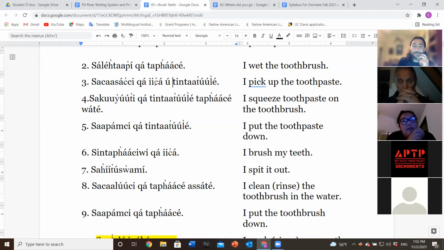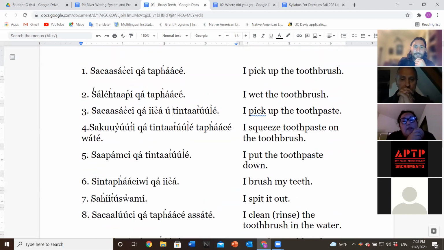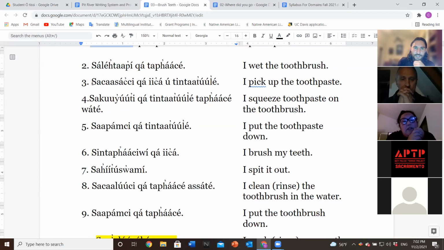Okay, pretty close. So it's just like this word in number one, saja sachji. Saja Satchi Ga Icha U Dinata Dinda tule. Dindatule.